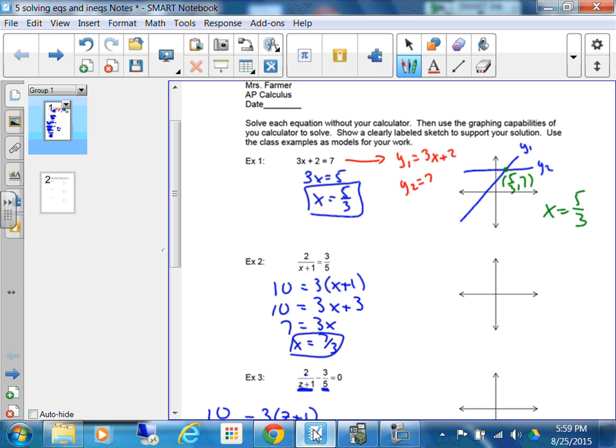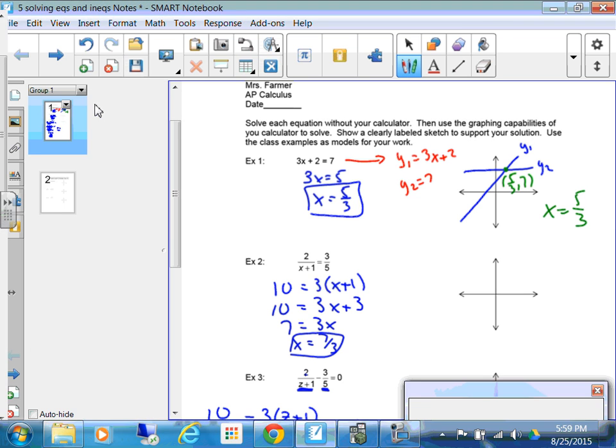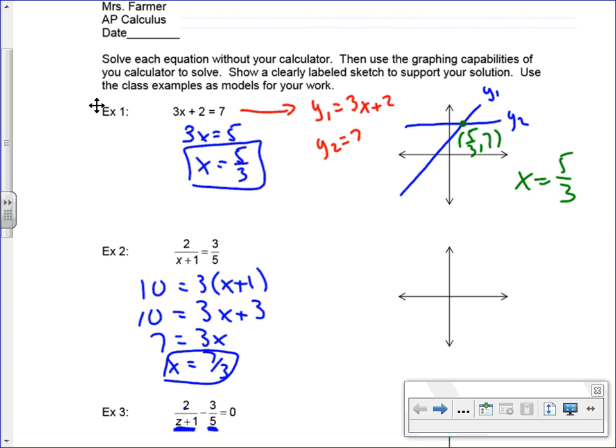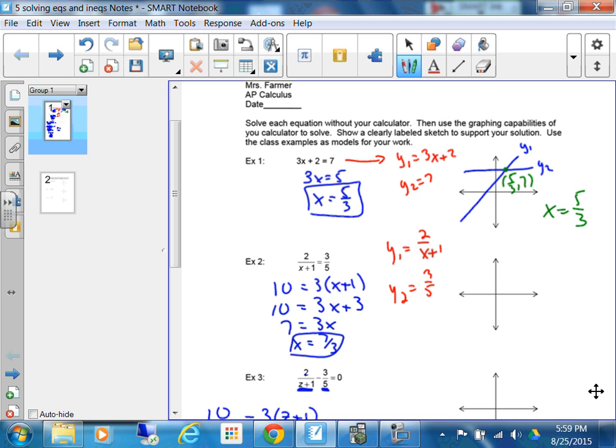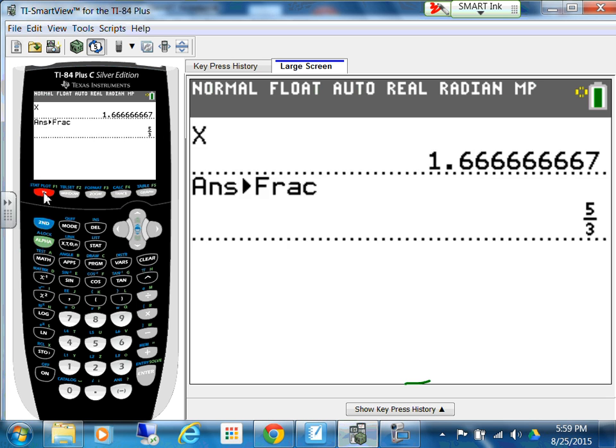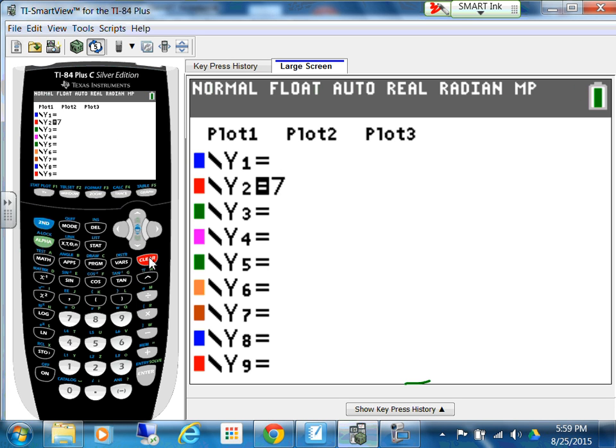On example 2, you would let y1 be 2 over x plus 1, and y2 would be 3/5. Let's take a look at how that looks on the calculator. Make sure that you use your parentheses correctly.